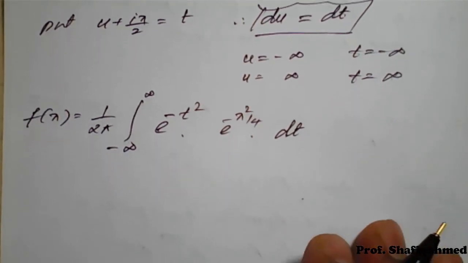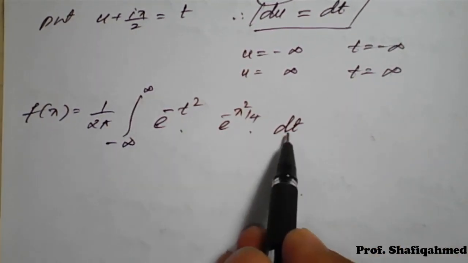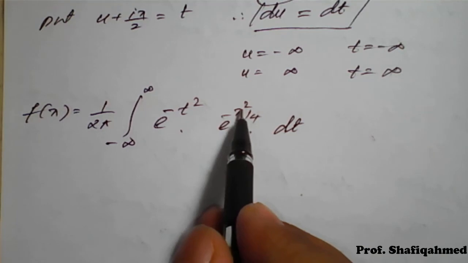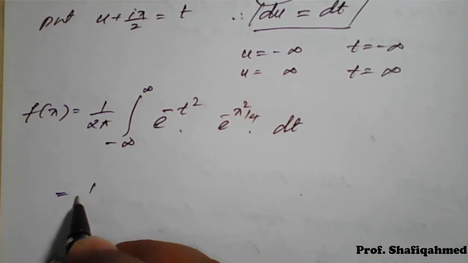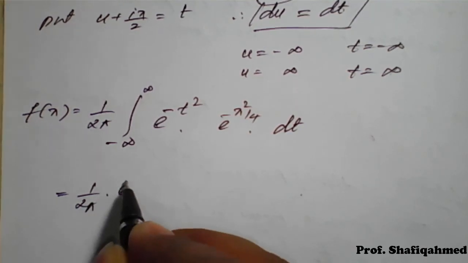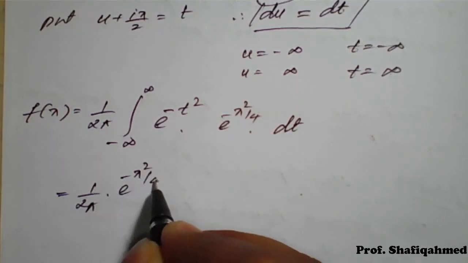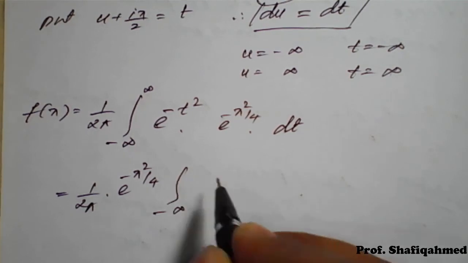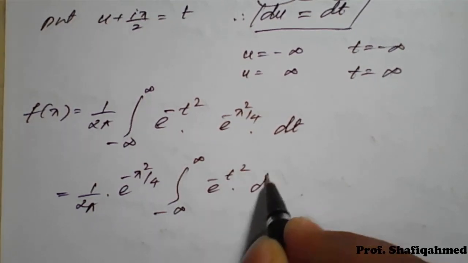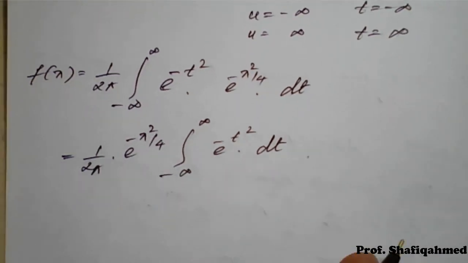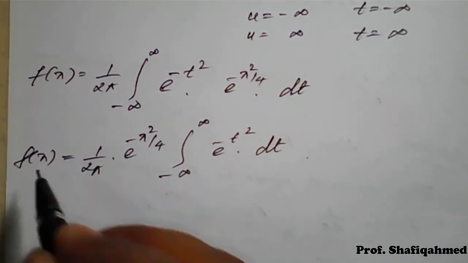So now we are doing the integral with respect to t. At that time e raised to minus x square upon 4 is a constant, keep outside, so it will become 1 upon 2 pi into e raised to minus x square upon 4, integral minus infinity to plus infinity e raised to minus t square into dt. So this is what we got for f of x.